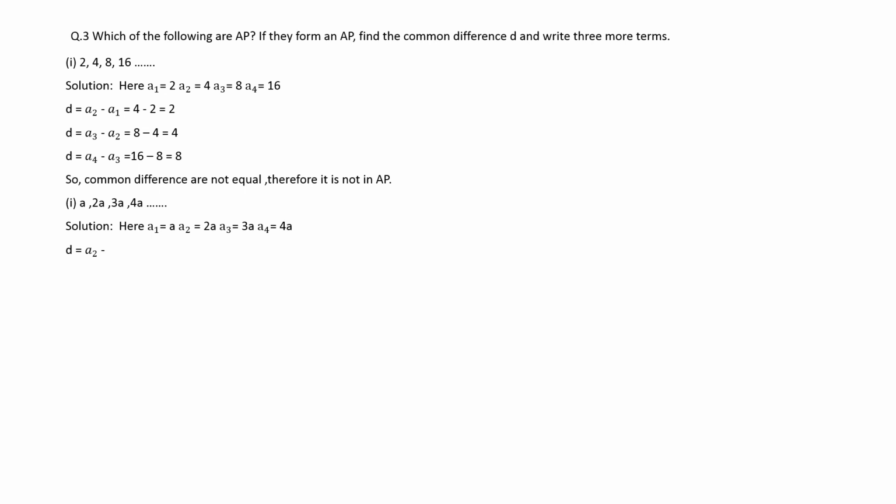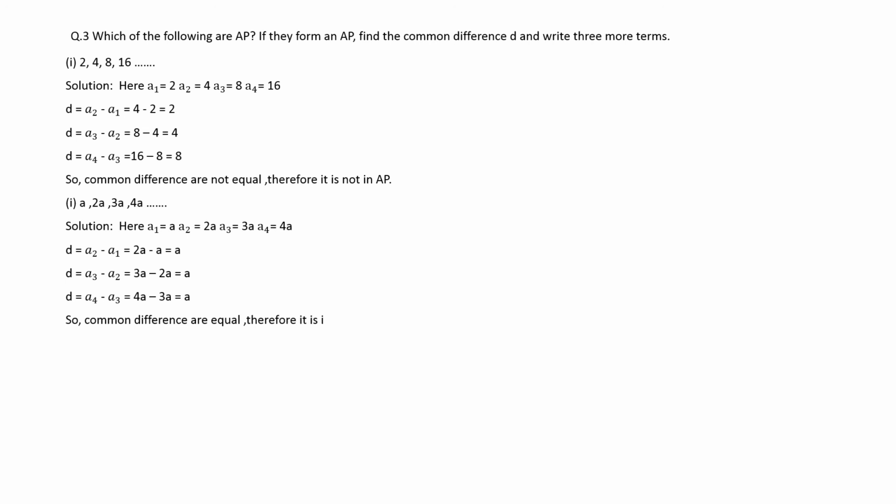So d is equal to a2 minus a1, which is equal to 2a minus a, which is equal to a. Again we calculate d, that is a3 minus a2, which is equal to 3a minus 2a, which is equal to a. Again d is equal to a4 minus a3, which is 4a minus 3a, that is equal to a. So the common differences are equal to a, therefore it is in AP.